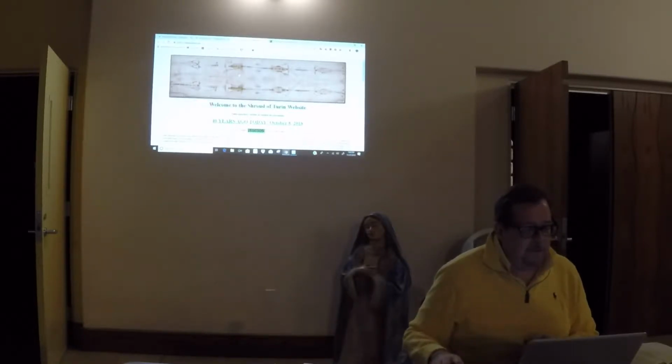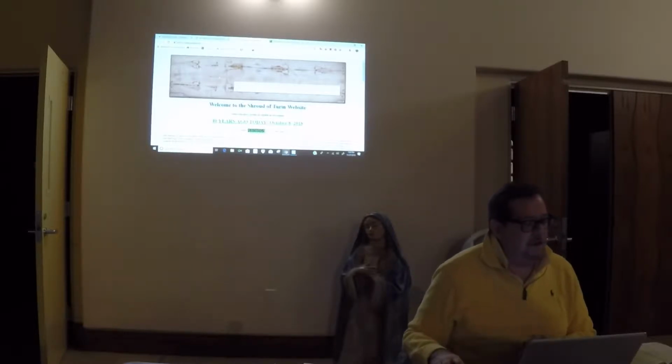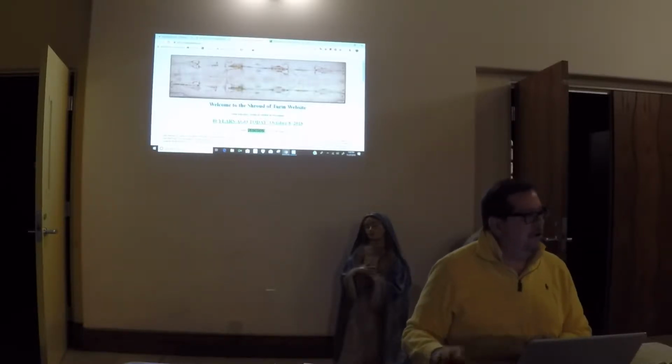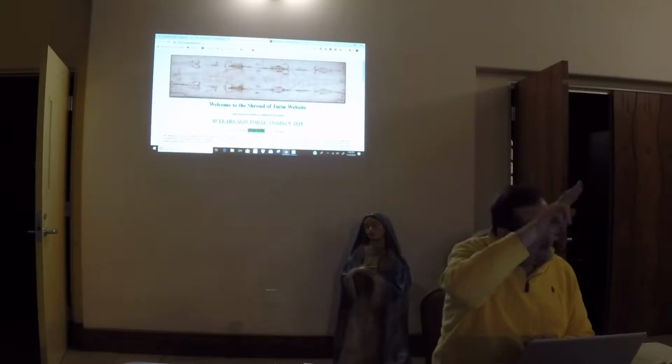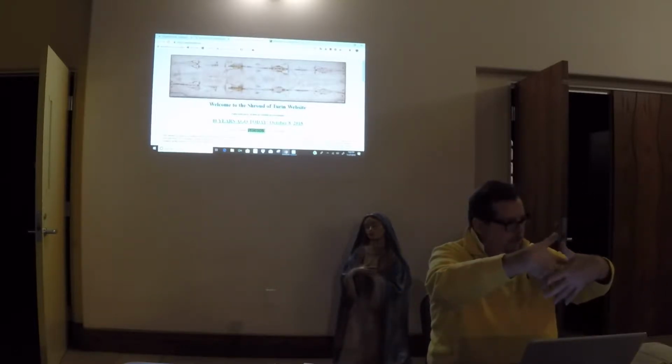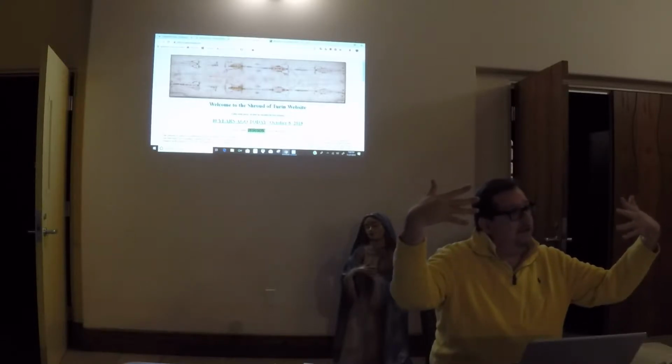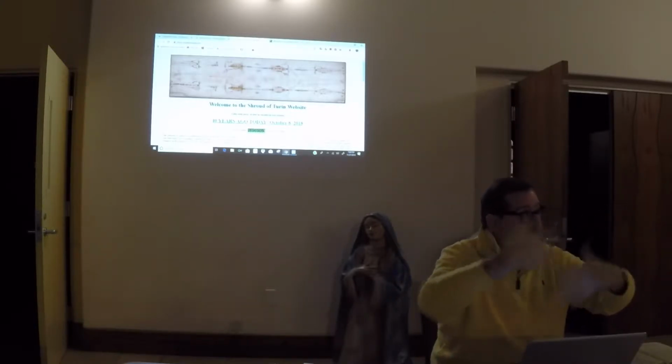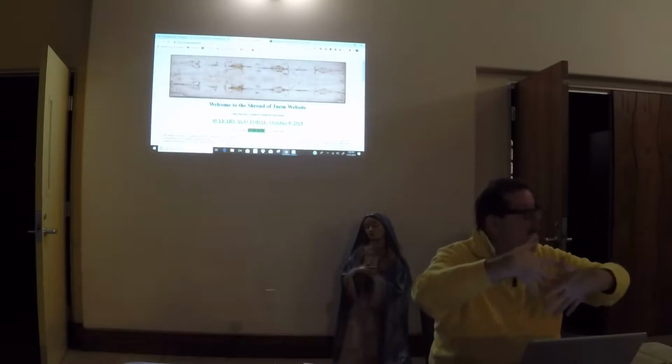An interesting thing about the back of the image are all of these marks that go all the way down to the very calves of the image. These are striped marks, and they come from two different directions. It implies that this person was whipped or scourged from two different directions.